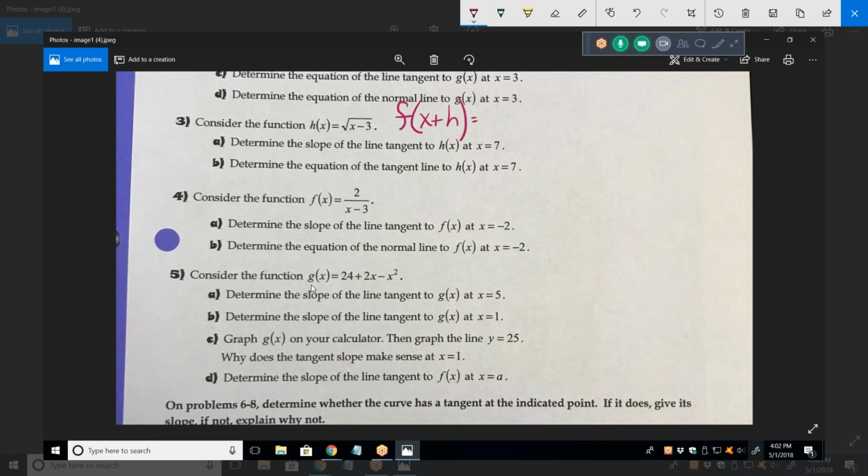F of x plus h on number 5. That would be, let's see here, f of x, so it would be 24 plus 2 times x plus h minus x plus h squared.